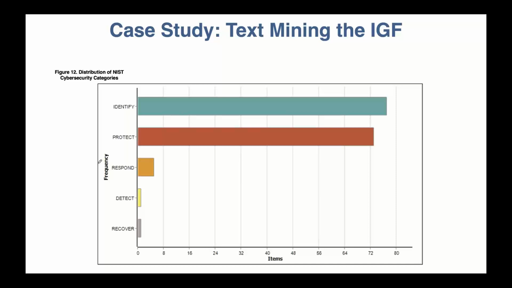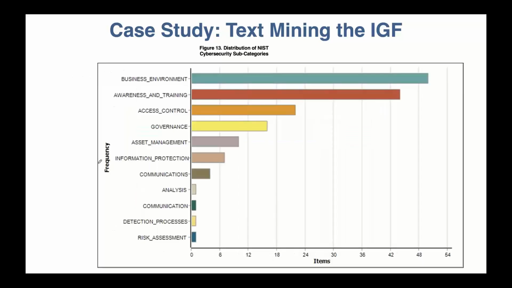Now, again, I was telling you where we can drill down and get more, you can get into the sub level, so we can see within each of those what was driving it. So the business environment, awareness and training, those categories received a lot of attention.